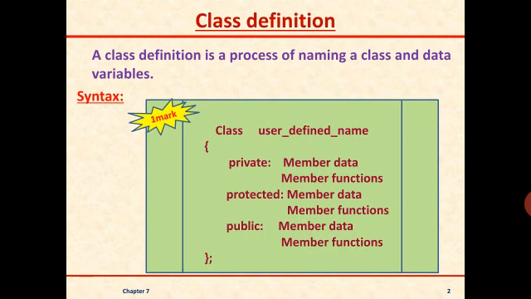Similarly, to compute the balance of payment is a function, or we can say a member function inside the class. So the data elements in the class we call member data, and the functions in the class we call member functions.